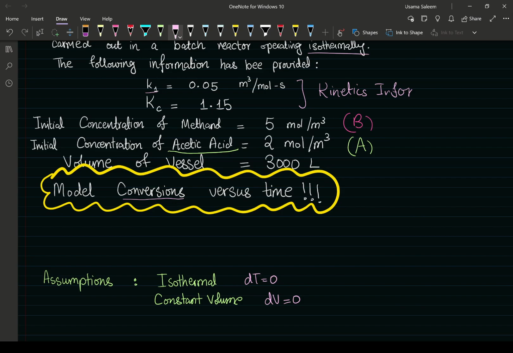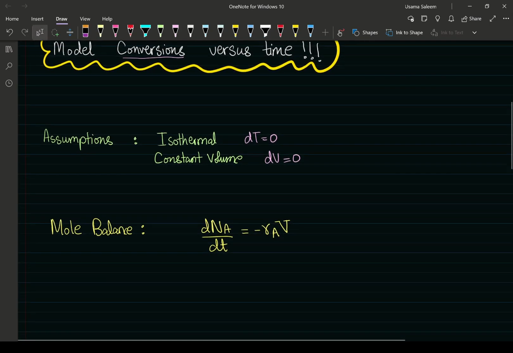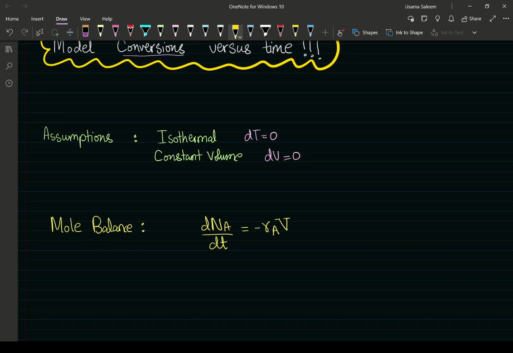So, the mole balance on species A. Very good. But can we make it slightly simpler? I do know that the number of moles N_A is equal to the concentration of A times the volume.